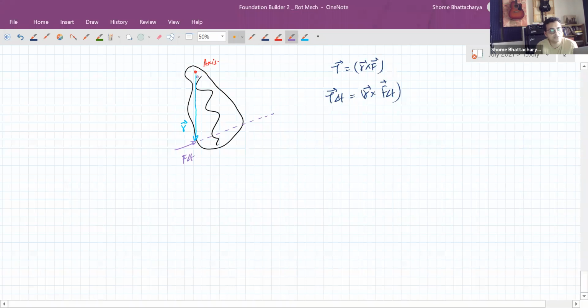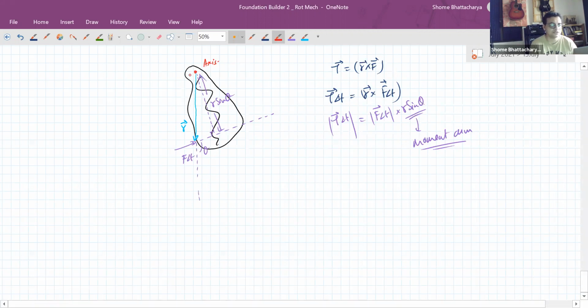If we drop this perpendicular here, this perpendicular distance is r sine theta, which is the moment arm. So the magnitude of angular impulse is the magnitude of linear impulse into r sine theta, the moment arm. That is the concept: angular impulse is equal to linear impulse multiplied by moment arm, or the moment of linear impulse, and net angular impulse is equal to change in angular momentum. The effect of this angular impulse is to give it an angular momentum in this direction.